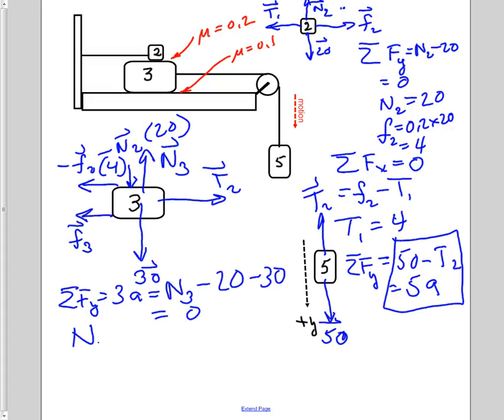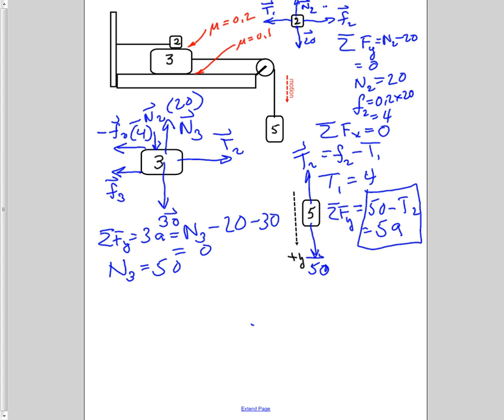And so N3 we find is equal to 50 newtons. And so we now know what F3 is. F3 is 50 times the coefficient of friction, which for this guy is 0.1. Okay, so that's equal to 5 newtons.